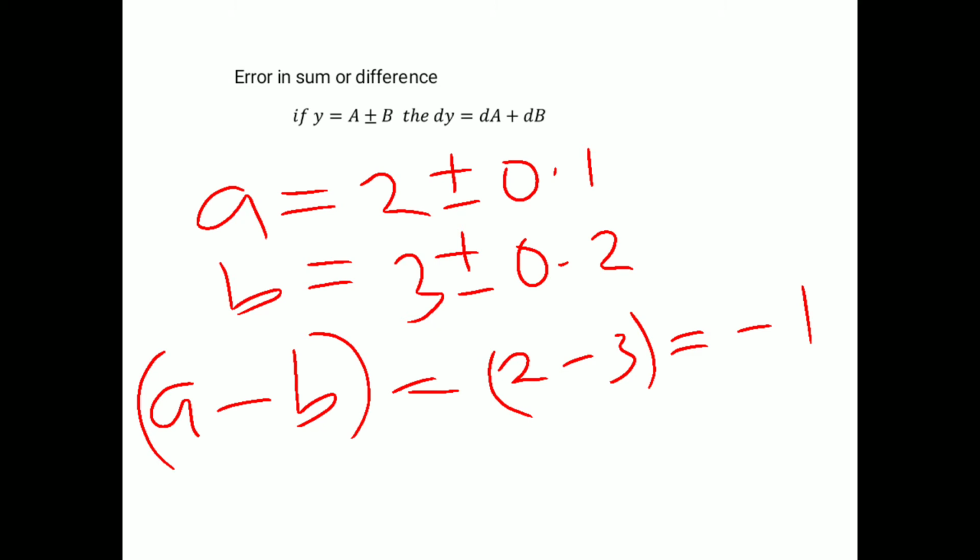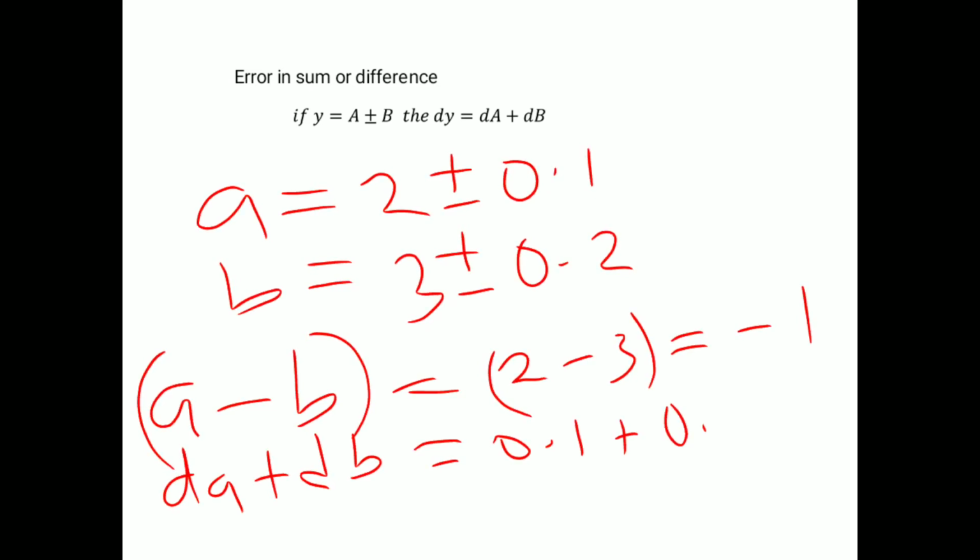But I'm also supposed to calculate their error. Their error is going to be dA plus dB. That means error in A plus error in B. Whether I am adding or subtracting, I must add up the error. So the error in A is 0.1, and the error in B is 0.2, so that will give us a total of 0.3.